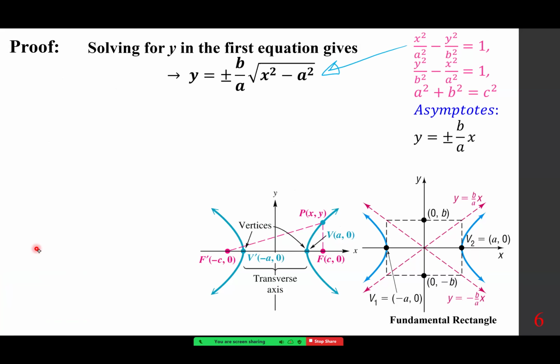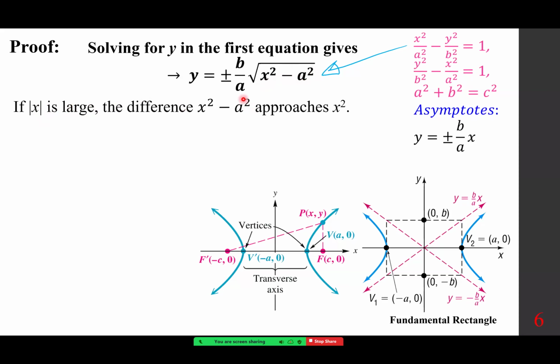So what happens is that if x is very large in the sense of absolute value, because it's being raised to the power of 2, whether it's large on the negative or positive side, in an absolute value sense it becomes positive and large, and compared to a squared becomes so large that for all practical purposes, minus a squared becomes nothing compared to x squared.